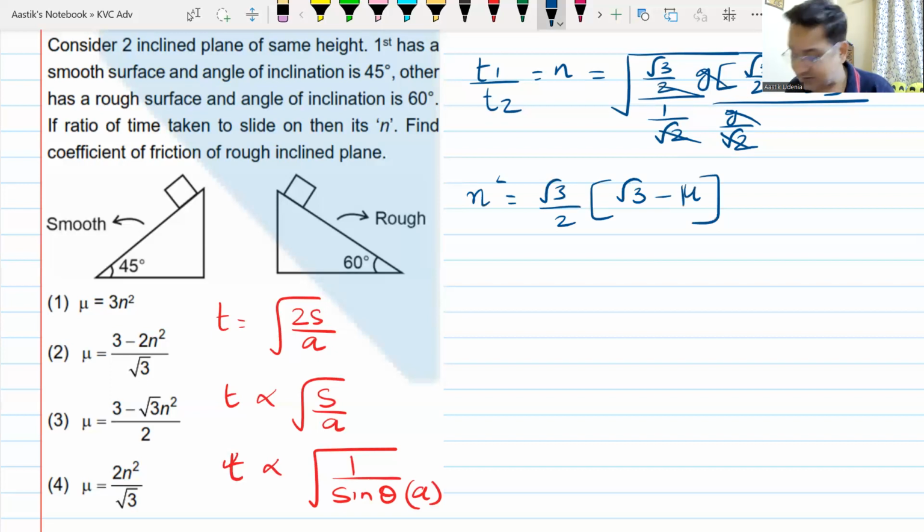You have to be fast in getting the answers, and from here I think you are going to get the answer. Option 2 is what I get, and I hope that is the correct answer.